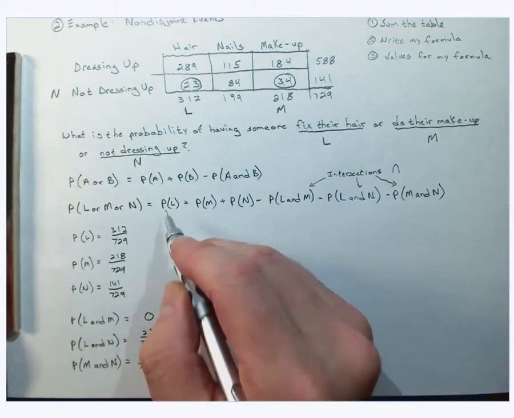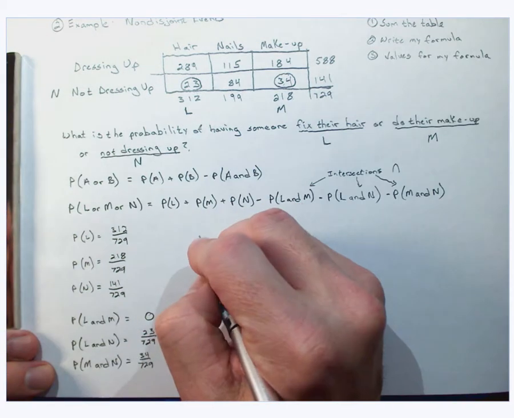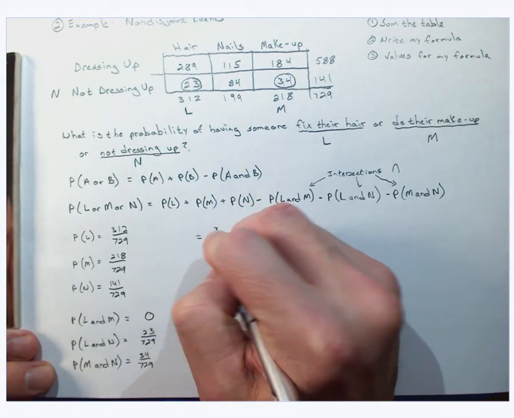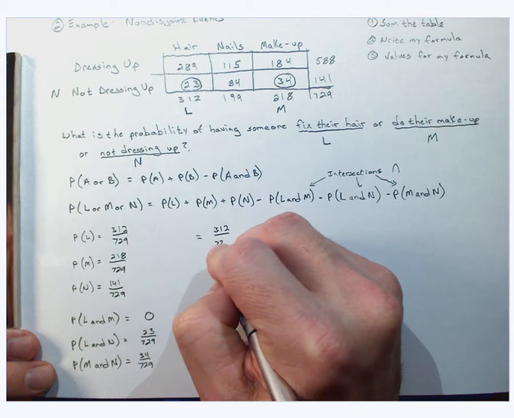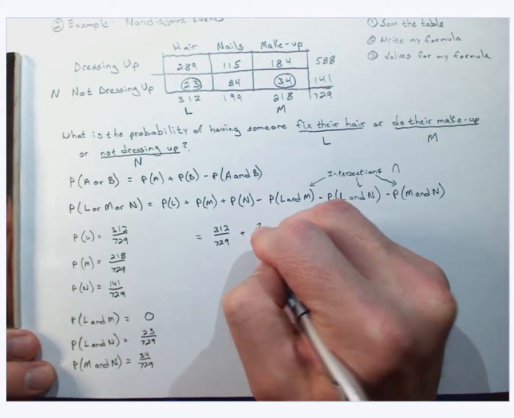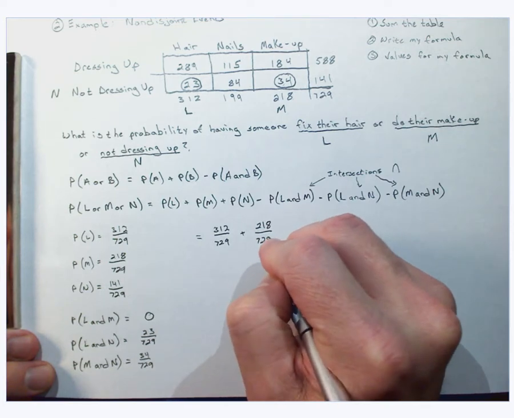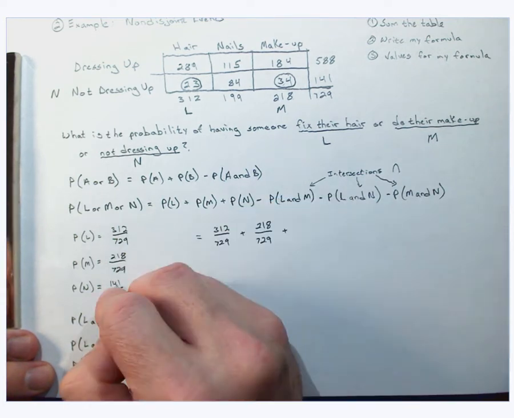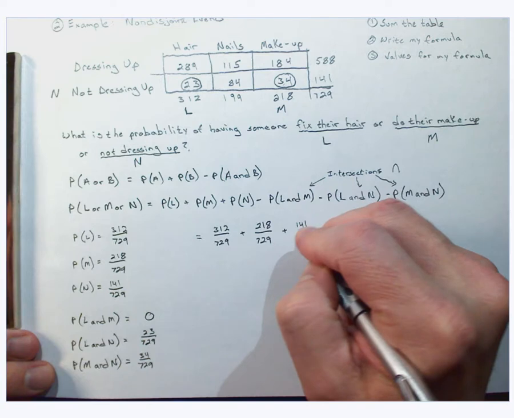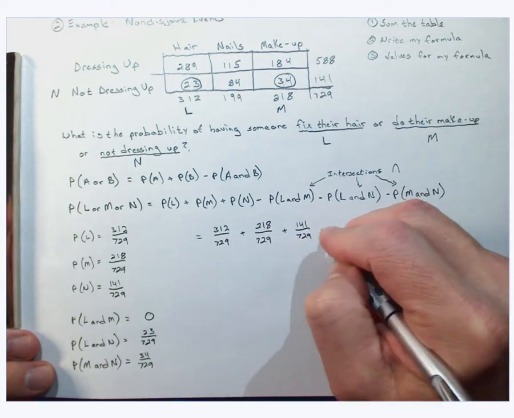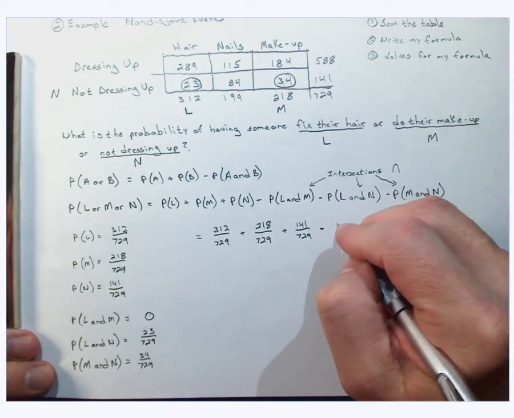I have all my values now. I need to plug into my formula. So that is 312 over 729 plus 218, it's M, over 729 plus, and for N, 141 over 729 minus, and I'll go ahead and write in 0.